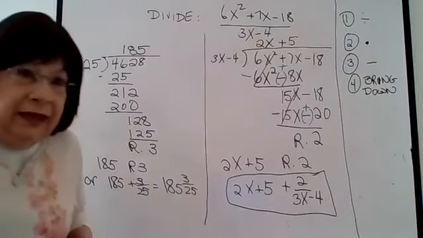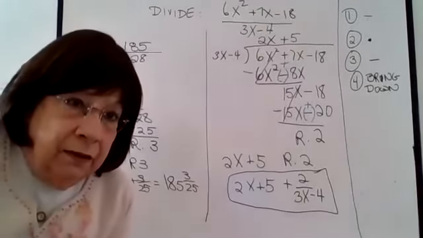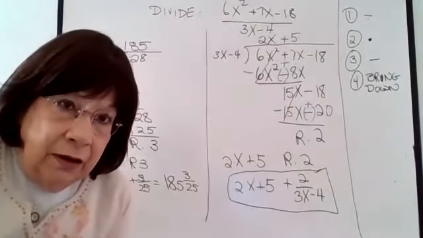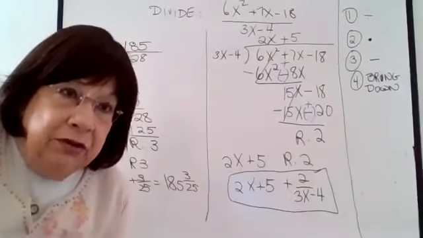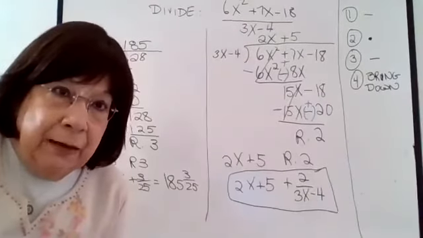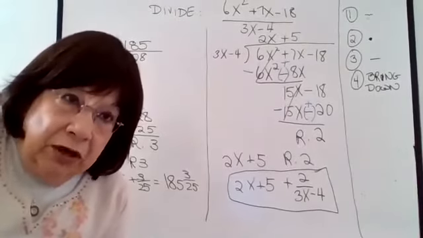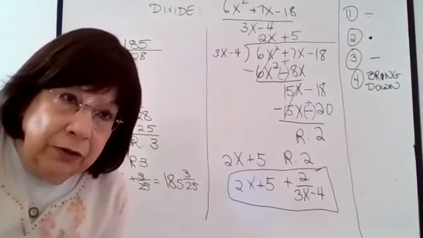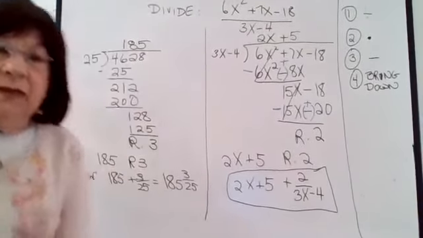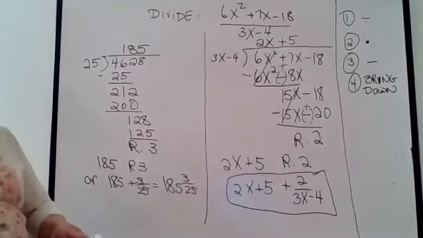Professor, this long division, we're dividing what? It's called dividing a polynomial by a polynomial. Or you could say long division of polynomials. All right, thank you. Whichever way you want to write that.